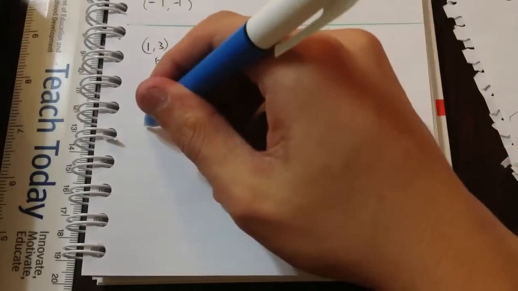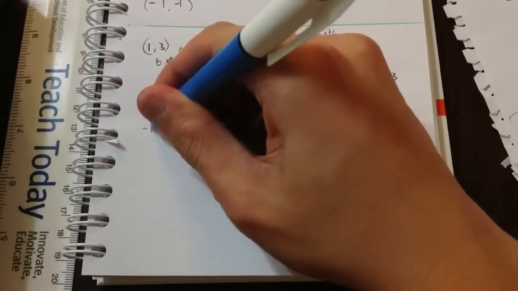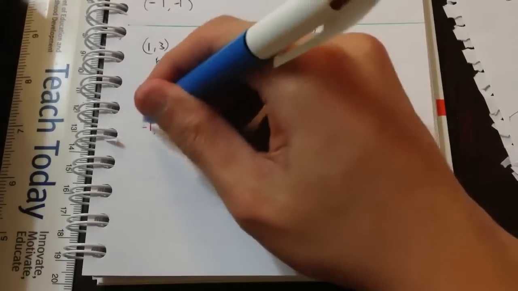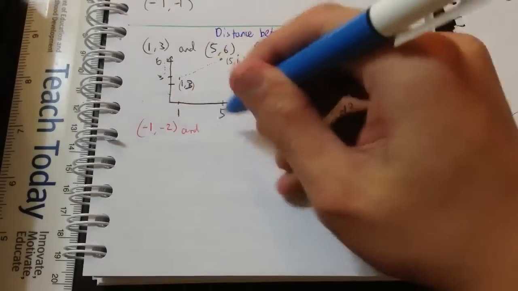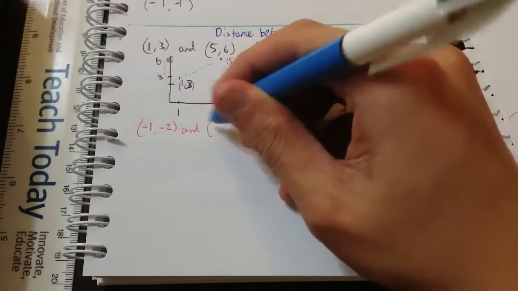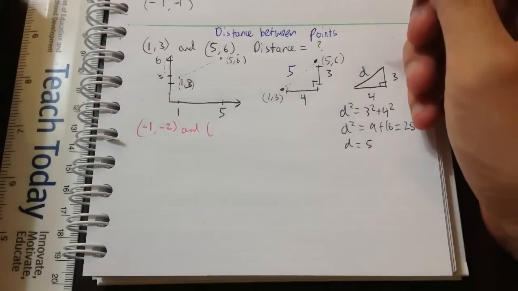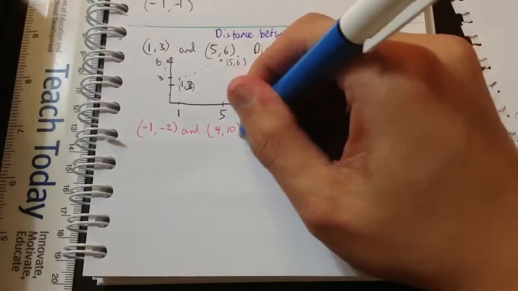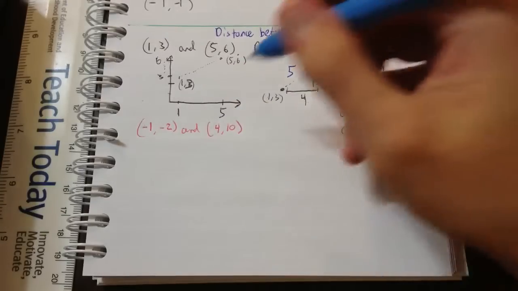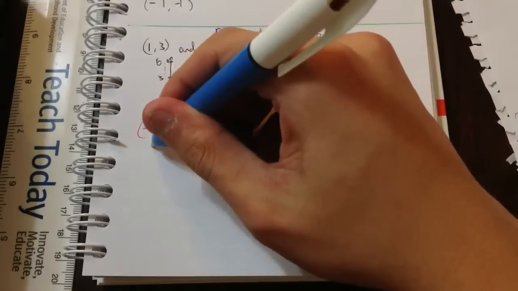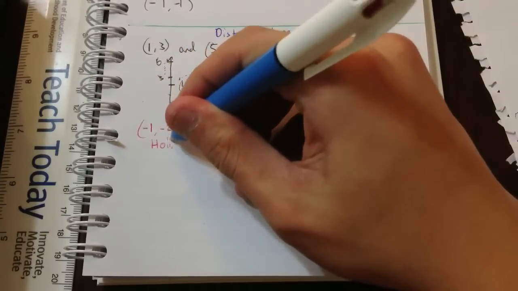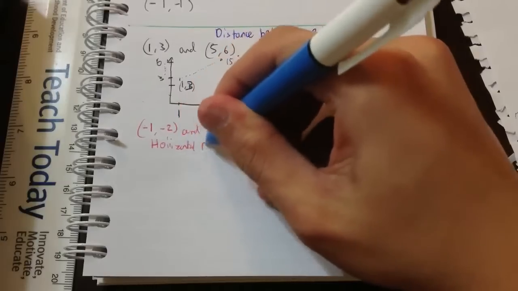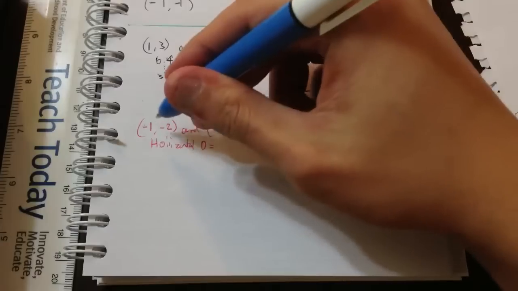I might give you a mini example here. So the distance between, let's take 2 points, (-1, -2) and (4, 10). Okay? So first of all, our horizontal distance equals 4 minus minus 1.